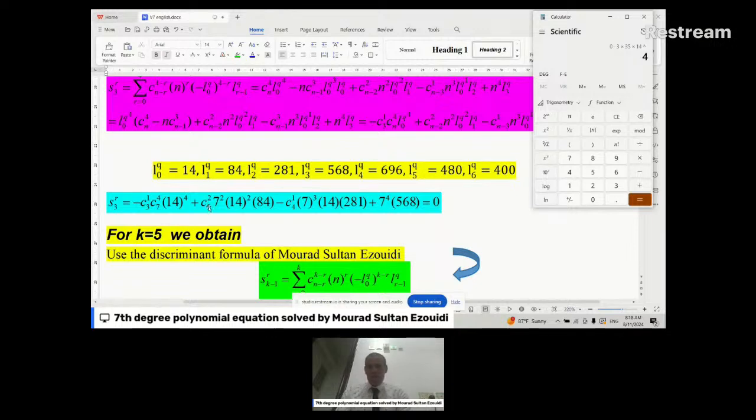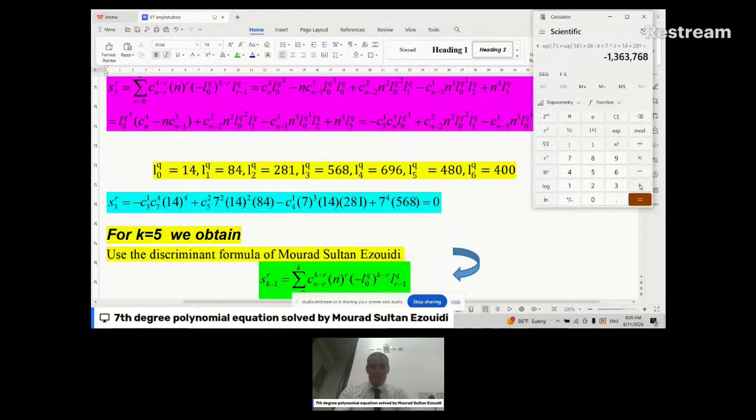Then plus 5 choose 2, which is 10, plus 10 times 7 squared, 49, I will write it as it is, times 14 squared, times 84, minus combination 4 choose 1, which is 4, times 7 cubed, raised to the power 3, of course, times 14, times 280.